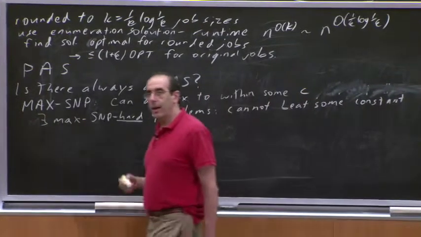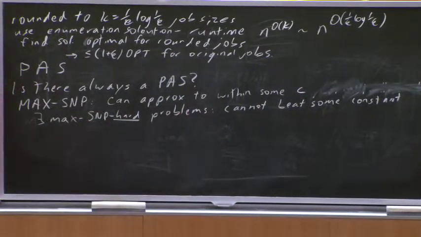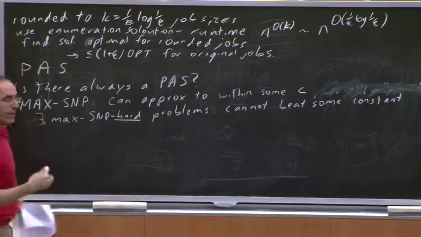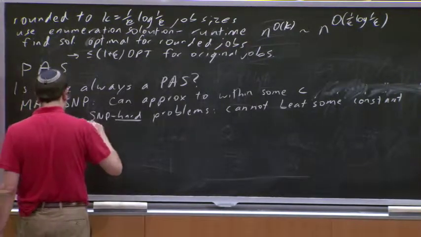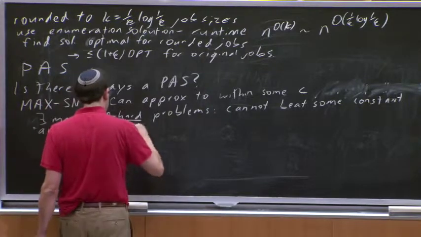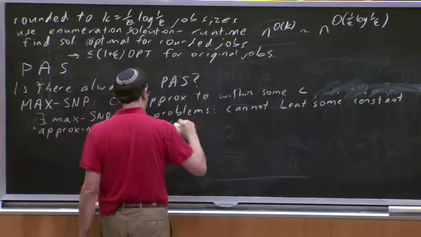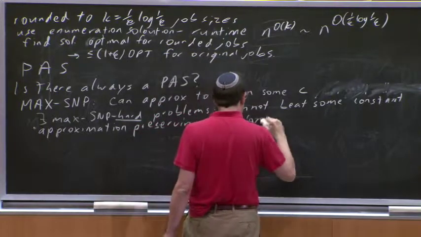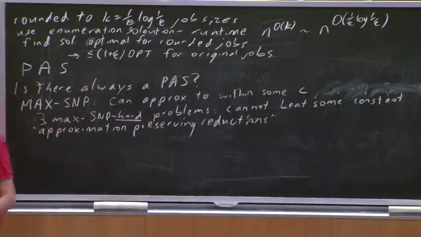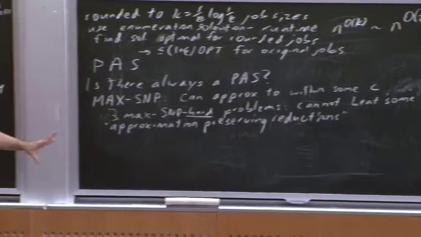And just like in standard NP completeness analysis, they developed this whole theory of so-called approximation preserving reductions, which show that if you can approximate this problem to within some factor, then you can approximate this other problem to within some factor.